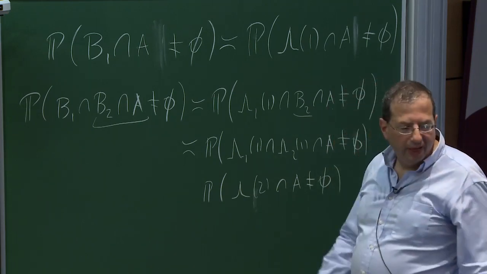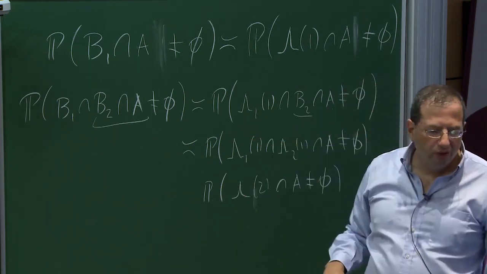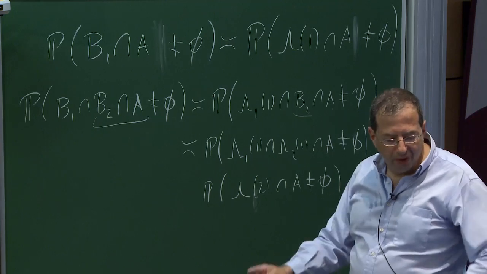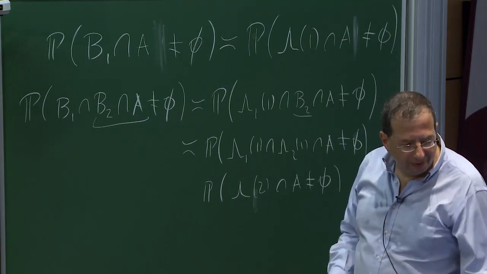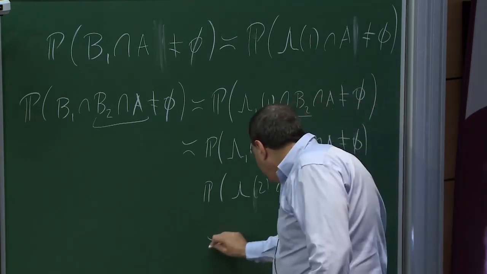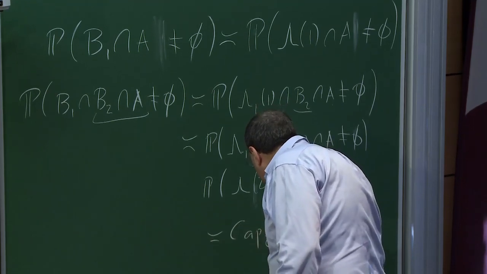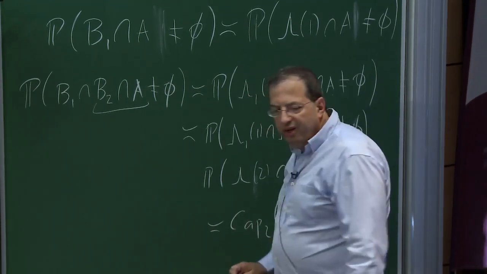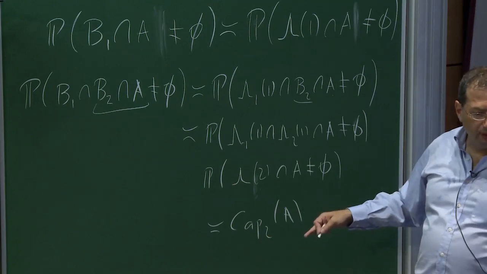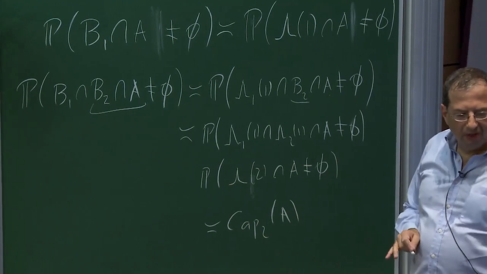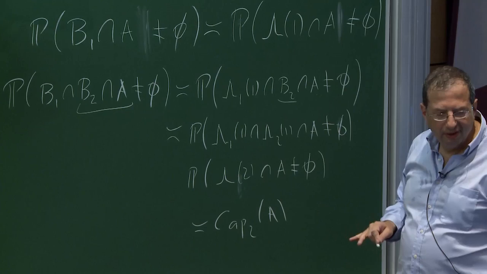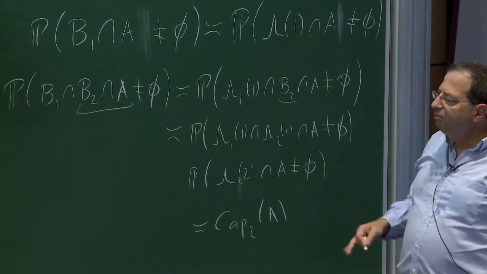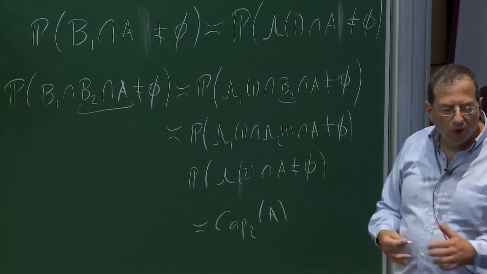But now I have Lyons' theorem, or our variant of it, applied with parameter alpha equals 2 instead of alpha equals 1. And we get this is equivalent to the capacity 2 of A. So we get a very soft proof of this Fitzsimmons-Salisbury theorem in this case. Okay, but the intersection equivalence gives you some more information.